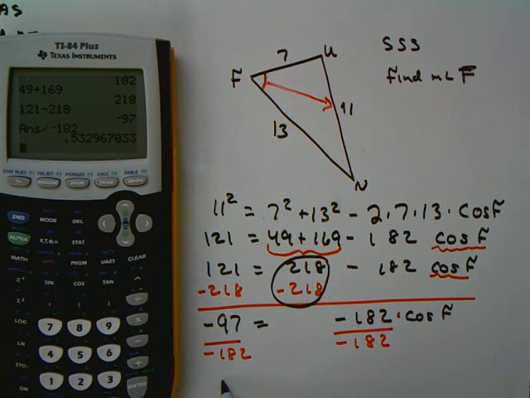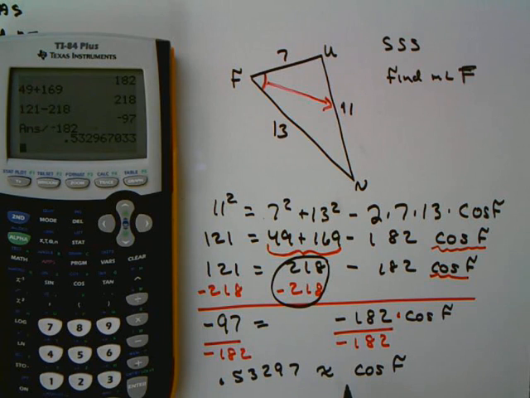Press enter, and I have a big messy ratio. I'm going to call that approximately equal to the cosine of F because I rounded. But I'm not really going to round. We want an angle measure.